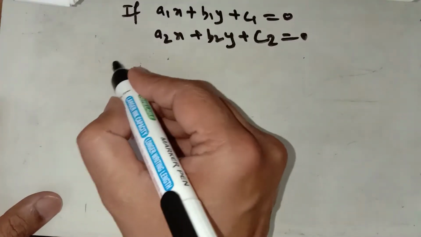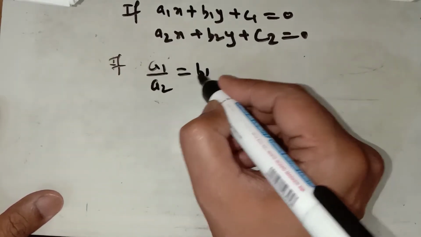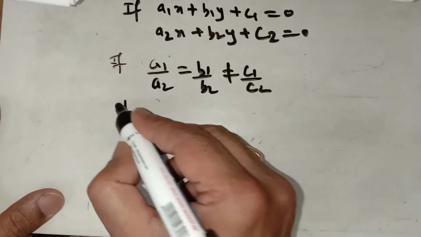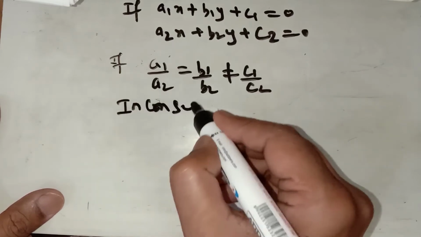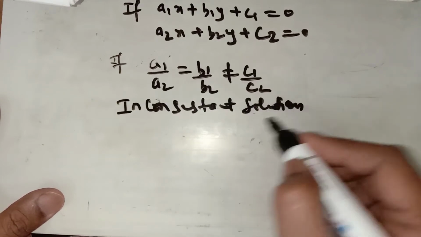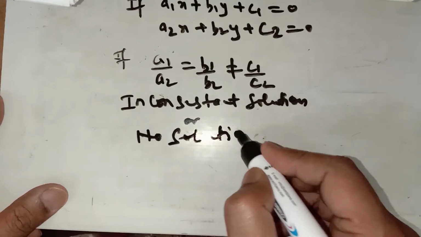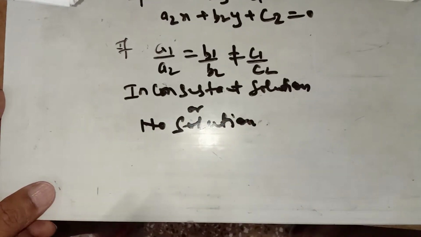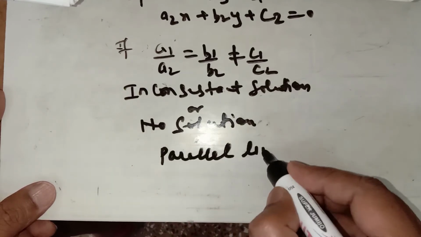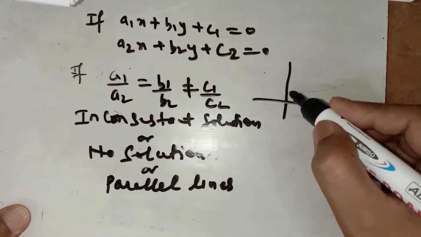If a1 upon a2 is equal to b1 upon b2 is not equal to c1 upon c2, then we'll have an inconsistent solution, or we can say that it will have no solution, or we say that we'll get parallel lines. That is, if we draw the graph of this type of equation, you'll get parallel lines.